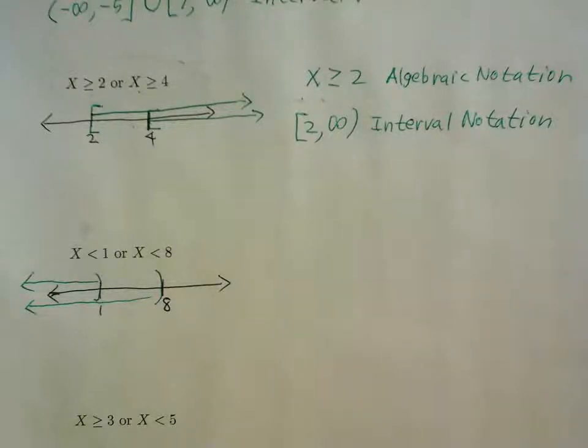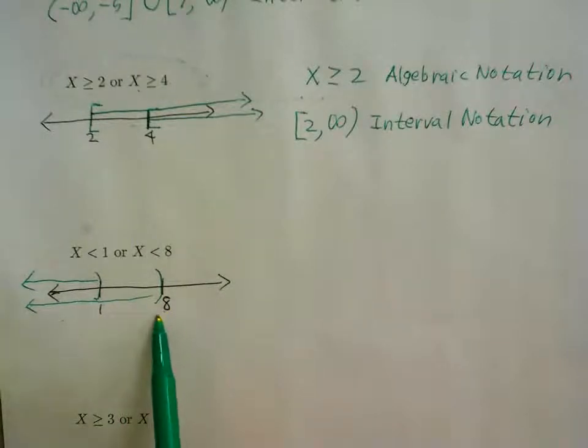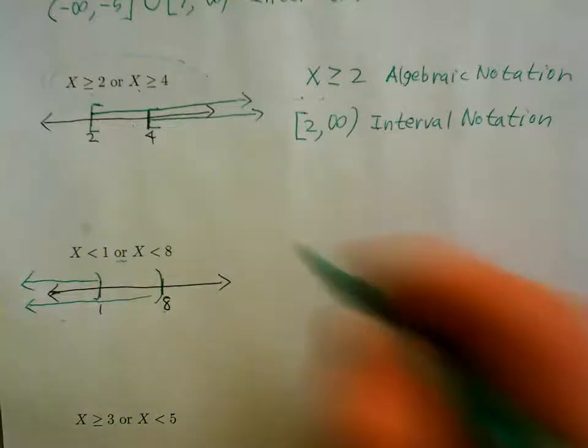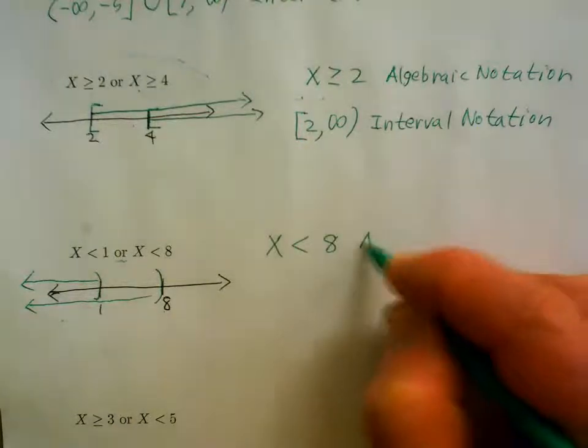Okay, so how do we simplify the algebraic notation for this one? X is less than 8. Yeah, x is less than 8, because if a number is less than 1, it's also less than 8. And the word or, remember what the word or means. So x is less than 8, that's the algebraic notation.